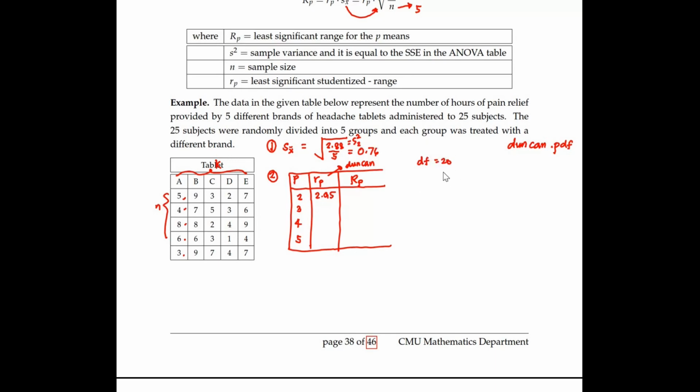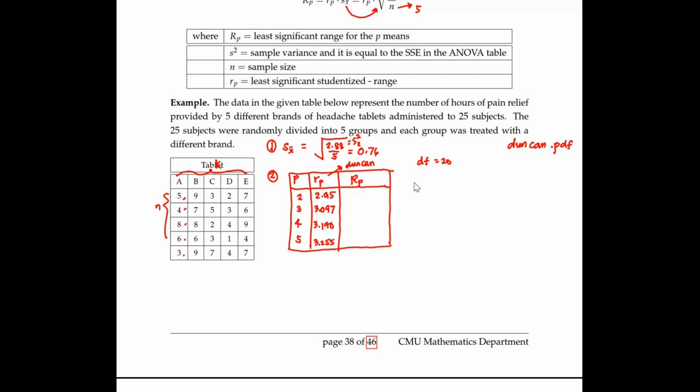And then for 3, this is 3.097. And then 4, 3.190. And then 5, we have 3.255. And then we will compute for the capital R sub p, or the least significant range for the p means.